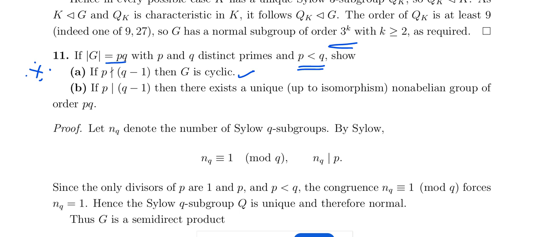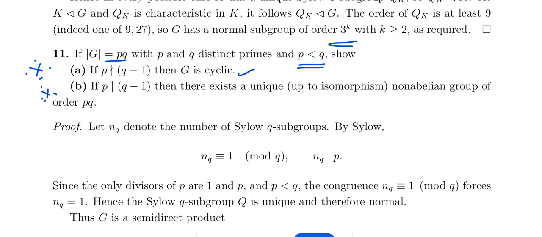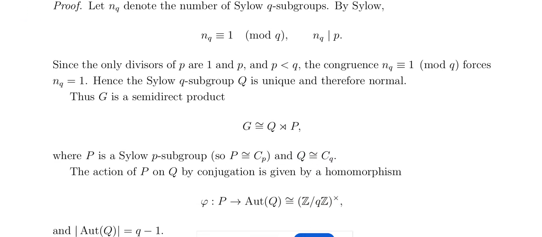And if p divides q minus 1, then there exists a unique non-abelian group of order pq up to isomorphism. The result is very important.